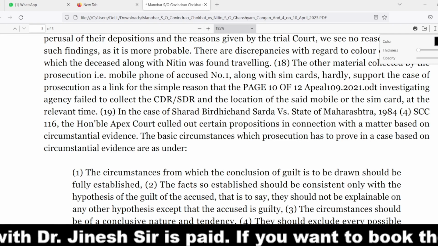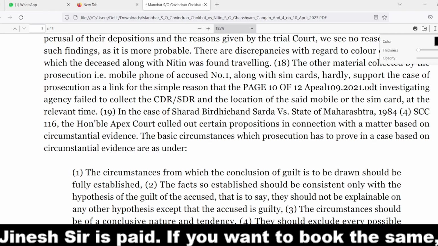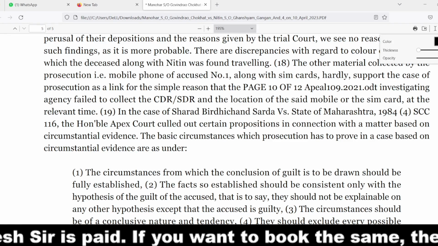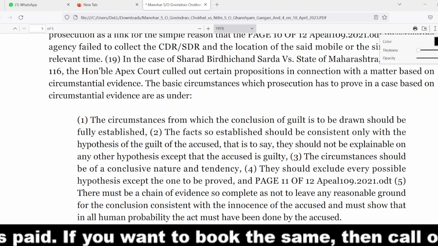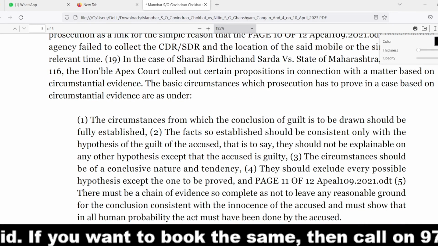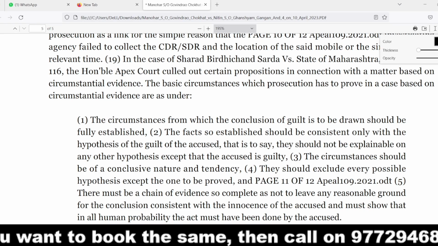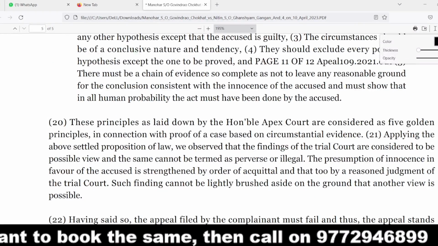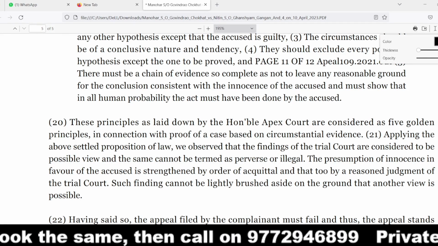And another one is that the circumstances should be of conclusive nature and tendency, and they should exclude every possibility of hypothesis except the one to be proved. And the chain of evidence must not be broken. If it is broken and is going to interfere with the innocence of the accused, in that scenario, the accused will get the benefit.